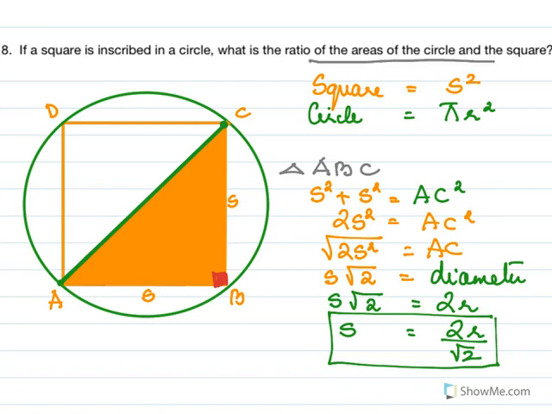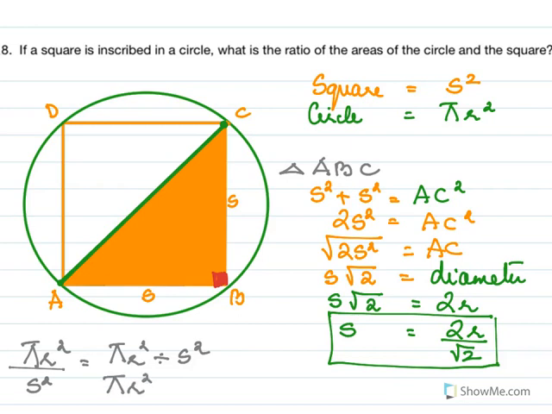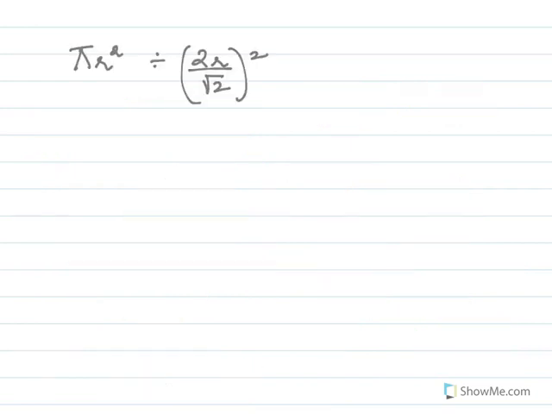Now we need to find the ratio of the areas of the circle to the square. So circle pi r square divided by square S square. So we have pi r square divided by, we know the value of S, so we'll put that up, 2r over under root 2 the whole square.